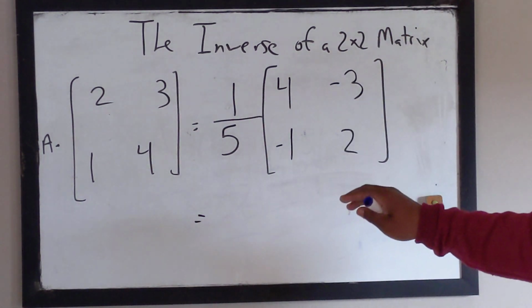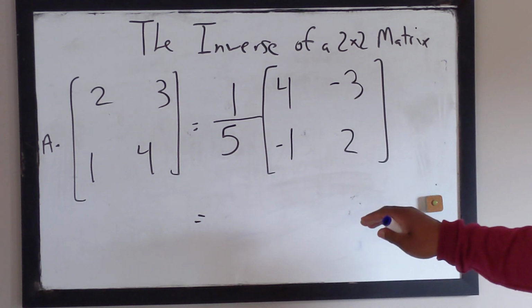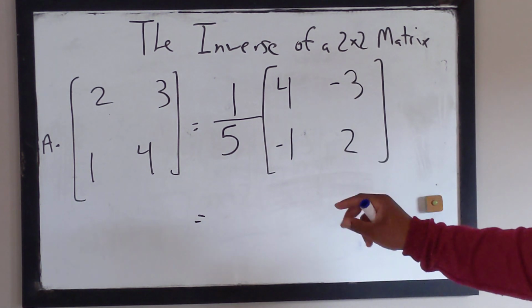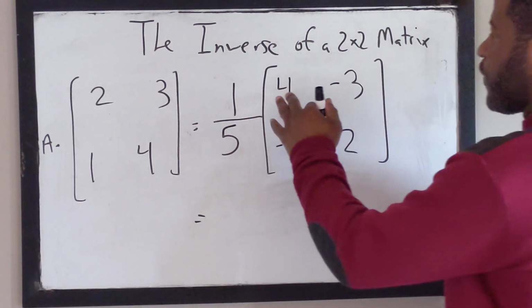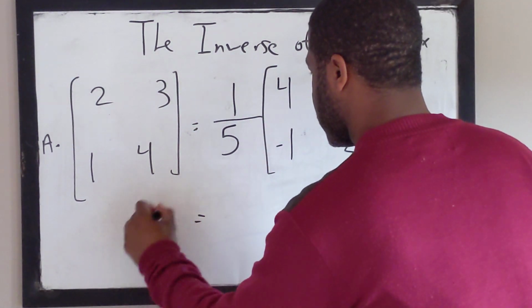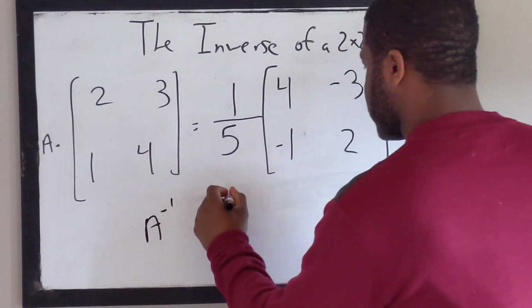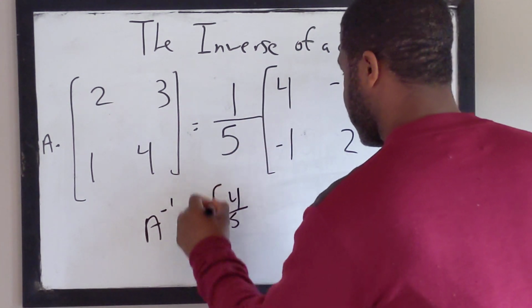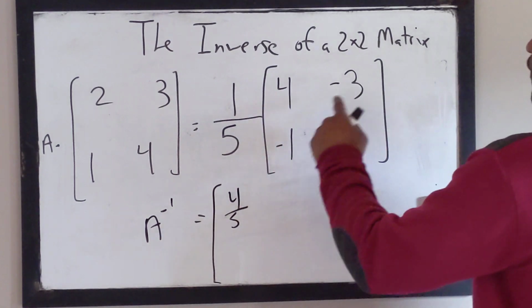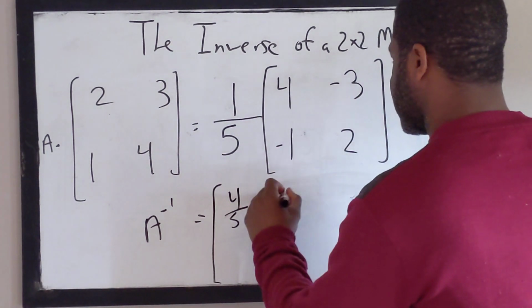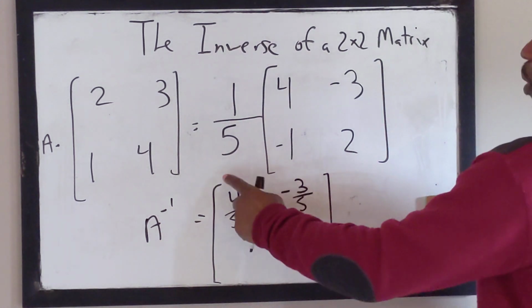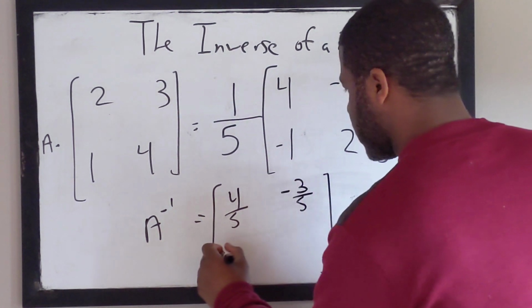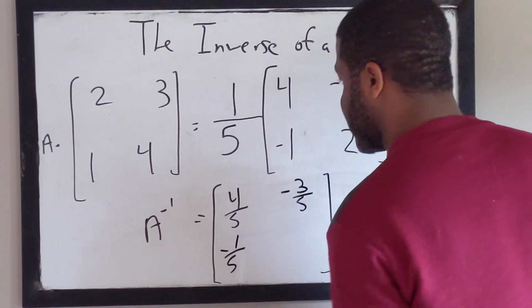We have to go back and review the notes on scalar multiplication. This is all we do. 1/5 times 4 is equal to 4/5. 1/5 times negative 3 is equal to negative 3/5. 1/5 times negative 1 is negative 1/5.